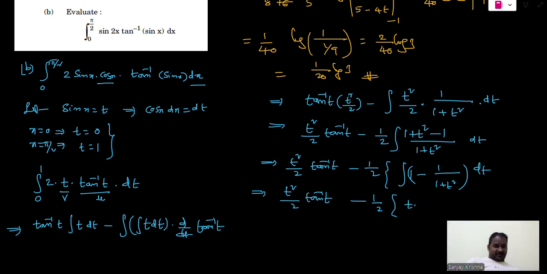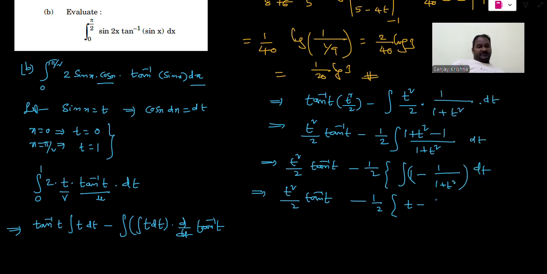What is this integral? This is going to be integral dt by 1 plus t square, which is like x square plus a square. That is 1 by a into tan inverse x by a, meaning t divided by 1.